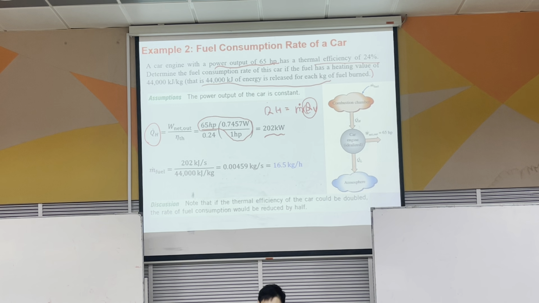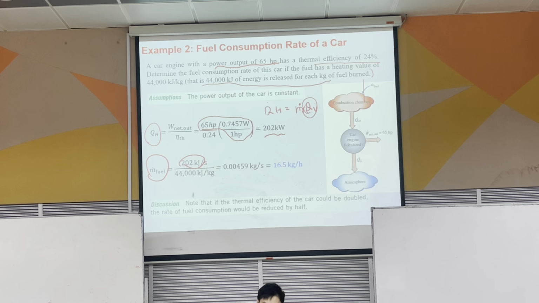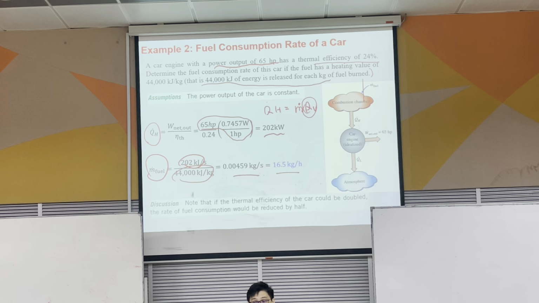So the fuel consumption is the mass flow rate of the fuel, right? So you can get it just from the QH and heating value. From here you can obtain the fuel consumption, so how much fuel you need in order to generate this much power for the engine.